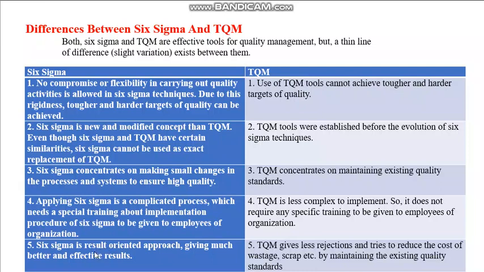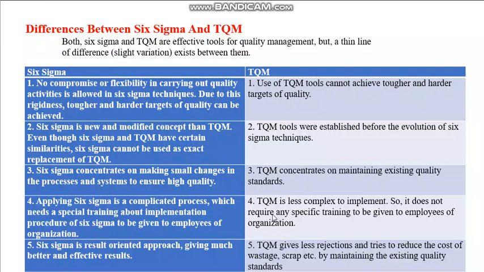Okay, now fifth one is Six Sigma is a result oriented approach, giving much better and effective results as compared to TQM. Whereas TQM gives lesser rejections and tries to reduce the cost of wastage, scrap, etc. by maintaining existing quality standards.